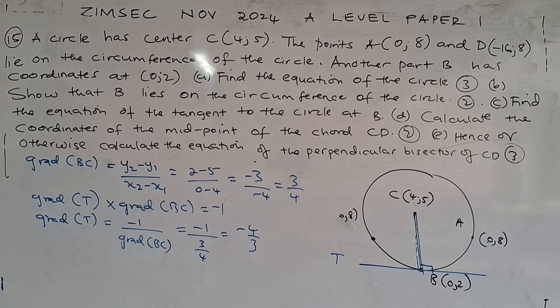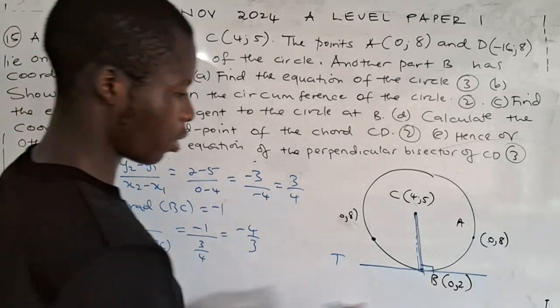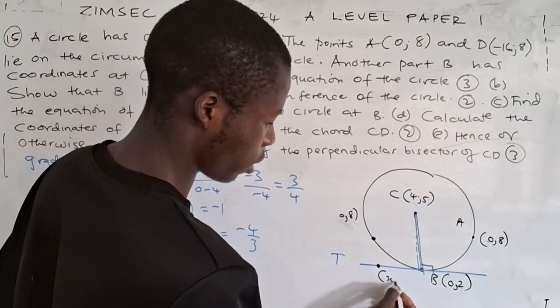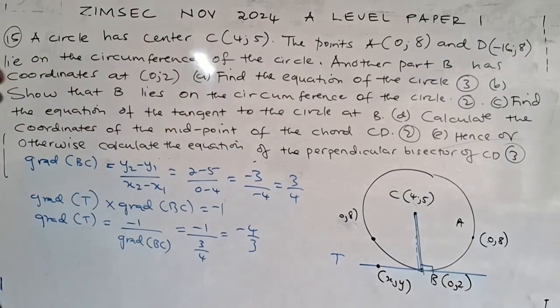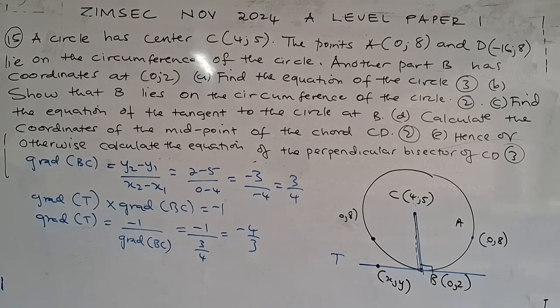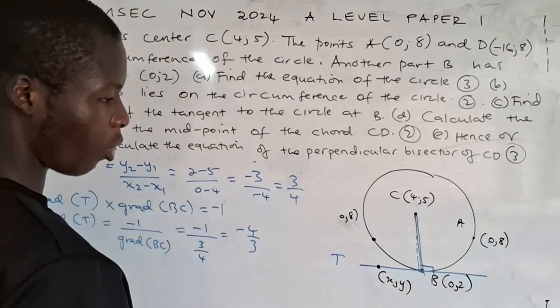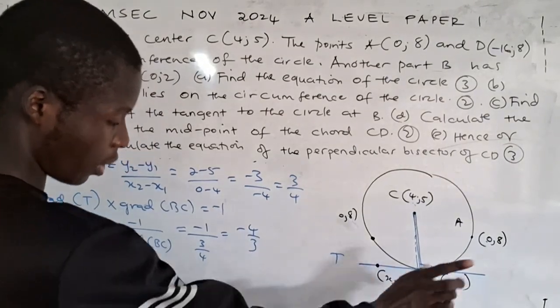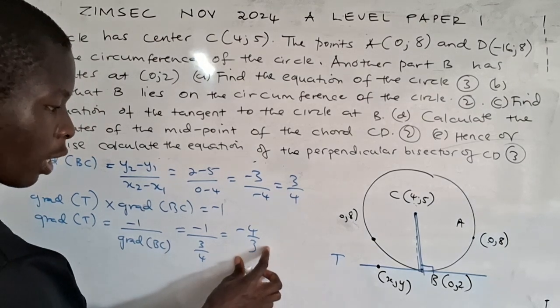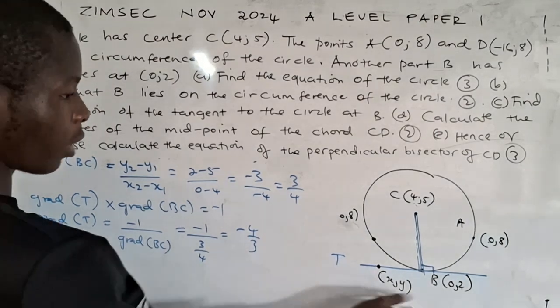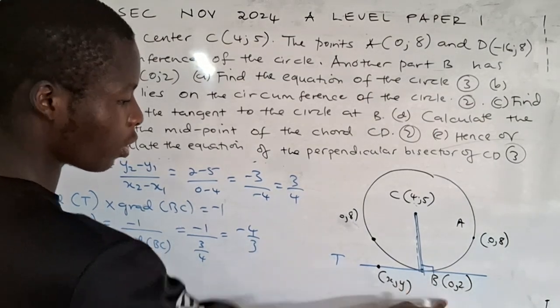Now I have the gradient of the tangent. Let's say on the tangent there is another point, x, y. Now I want to find the equation of this tangent. The gradient, the numerical value, I have, but I want to find the gradient of the tangent using these 2 points.